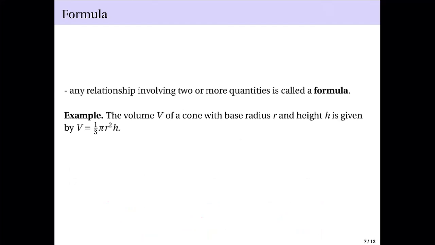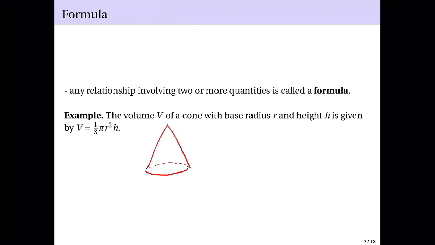Now, let's have a new set of formulas here. The volume V of a cone with base radius r and height h is given by V equals 1/3 pi r squared h. So in here we have a circular cone with base radius r. Let me try drawing that. Suppose this is your cone.